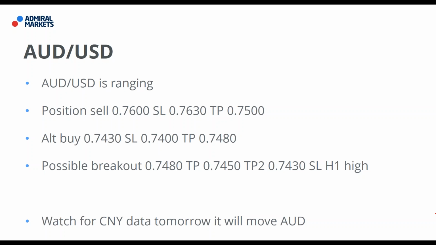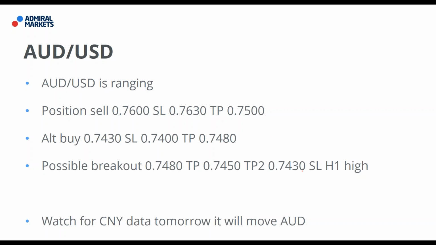Then we move our TP to 74 to the downside. Then we go with 74.50 and 74.30 with stop loss at the 1 hour high above it. Watch for Chinese data tomorrow, because Chinese data moves the Australian dollar heavily. It will move the Australian dollar pair.